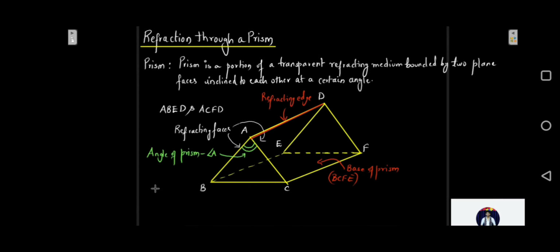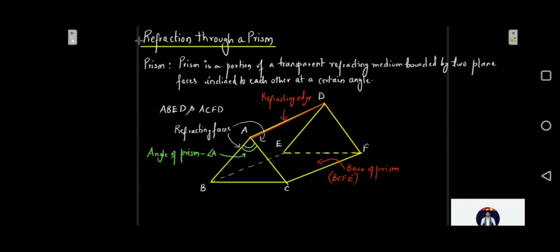And then there is something called the principal section of a prism. The principal section is any section of a prism which is cut by a plane perpendicular to the refracting edge.